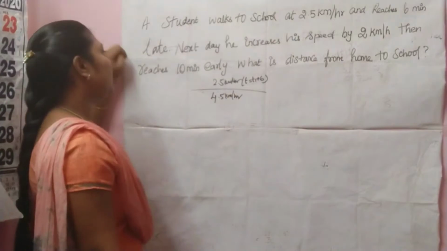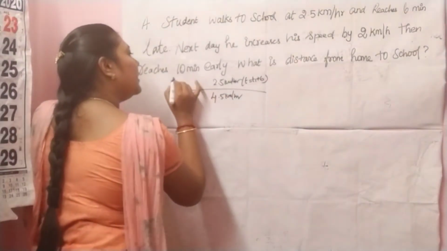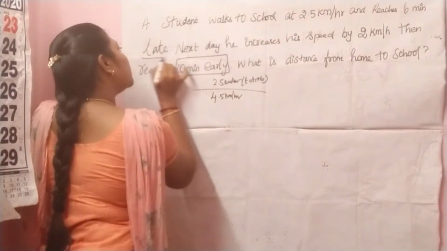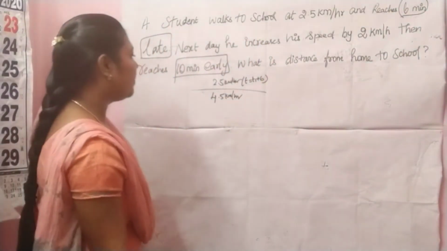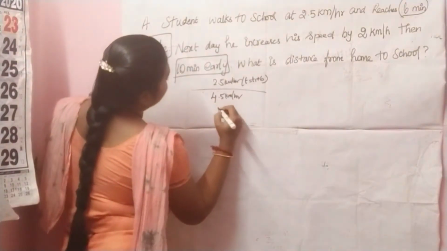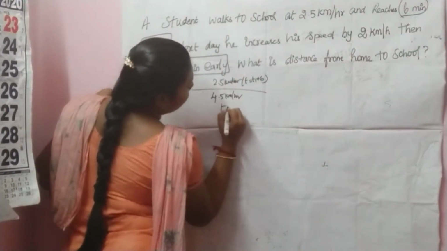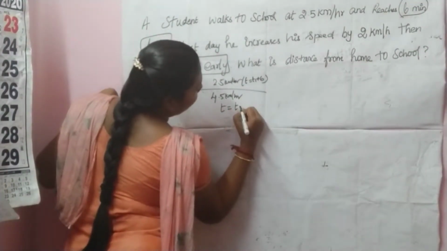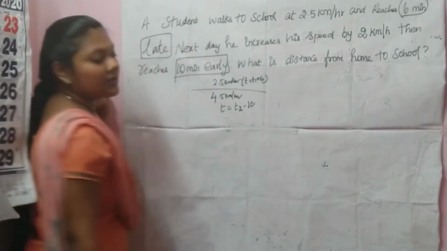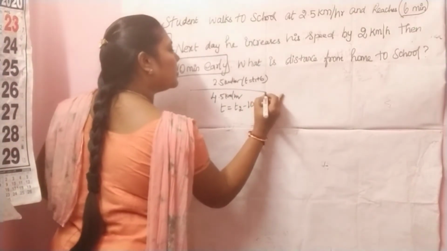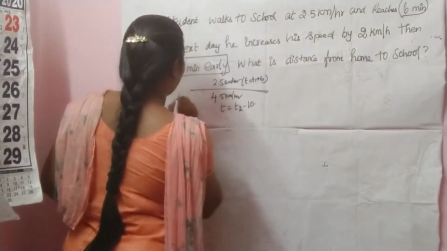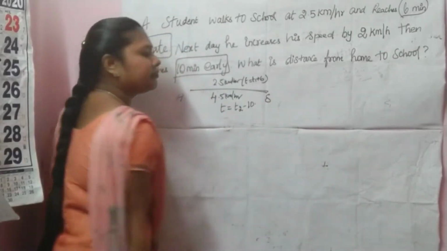And then he reaches 10 minutes early. All these are keywords: late, early. So now he reached 10 minutes early, which means the time is T2, which is T minus 10. Now they ask for the distance from home to school.